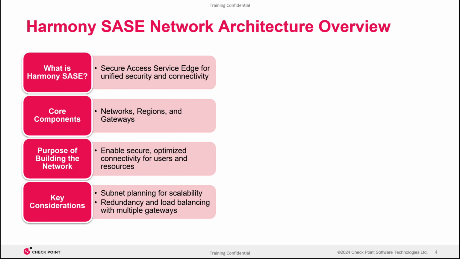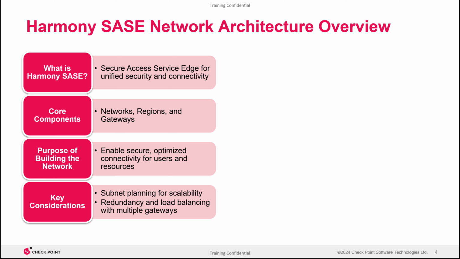Harmony SASE is Checkpoint's secure access service edge solution, designed to unify security and connectivity for users everywhere. The core components include networks, regions, and gateways. Networks define logical boundaries.